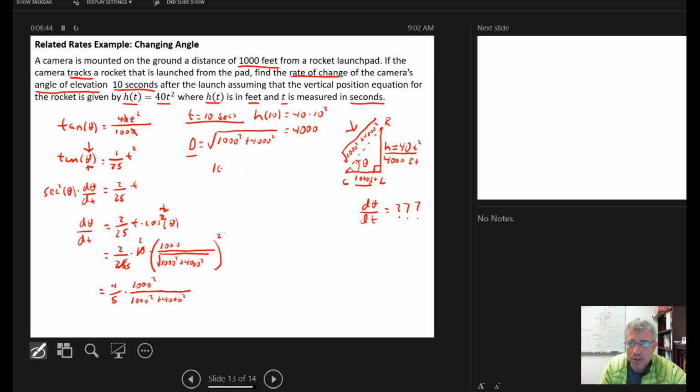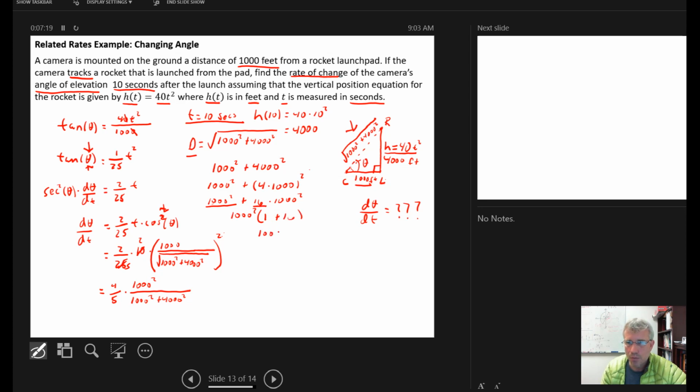A way to do this is to look at the 1,000 squared plus the 4,000 squared and recognize that 4,000 is just 4 times 1,000, and we're squaring this, so we're going to get 1,000 squared plus 4 squared, which is 16, times 1,000 squared. And the 1,000 squared shows up in both terms and can be factored off. So 1,000 squared times 1 plus 16.